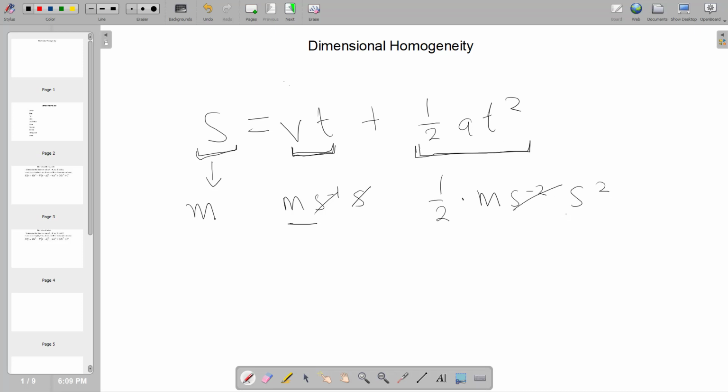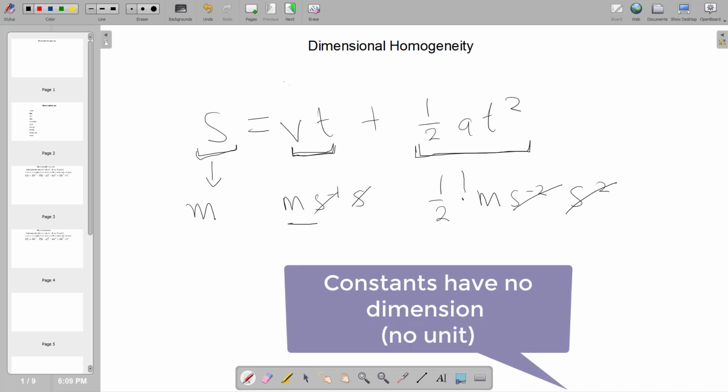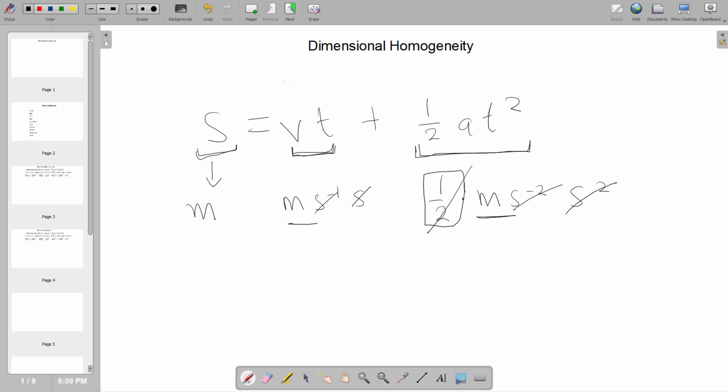Second squared cancels second squared. Constants are dimensionless, so this has no effect on the dimension. So again, we have meters. There's meters, there's meters, there's meters. So this equation is dimensionally homogeneous.